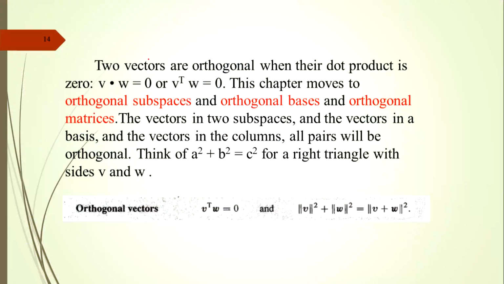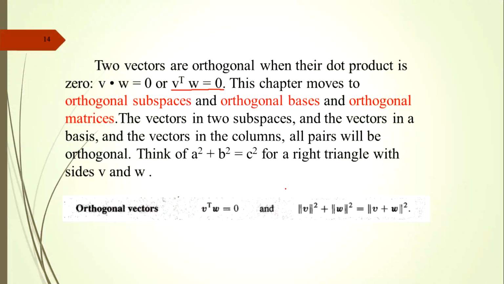So we can express the dot product in this normal way or in this way. That is the inner product, right? We also call the dot product the inner product. So this chapter moves to orthogonal subspaces and orthogonal bases and orthogonal matrices. We will focus on the orthogonal subspaces and bases. If we have more time, we will discuss orthogonal matrices.